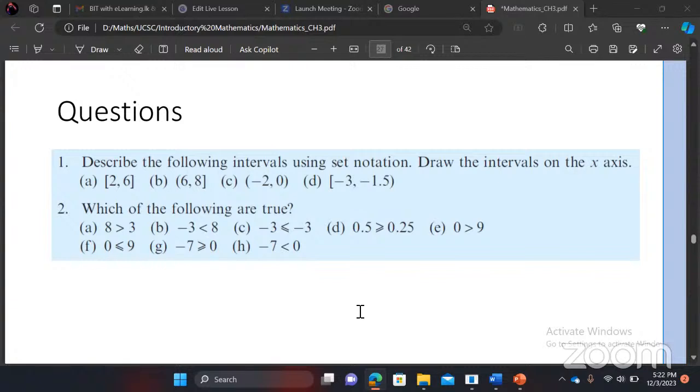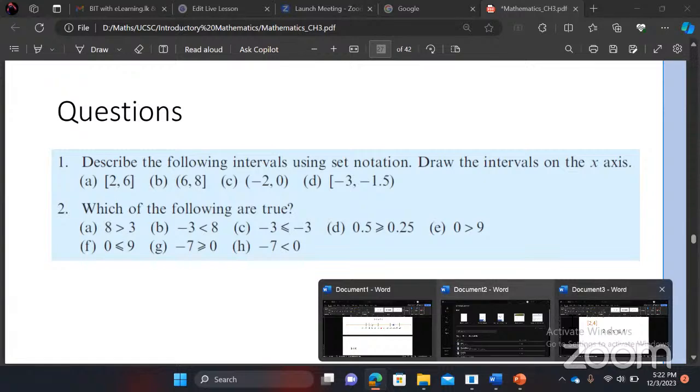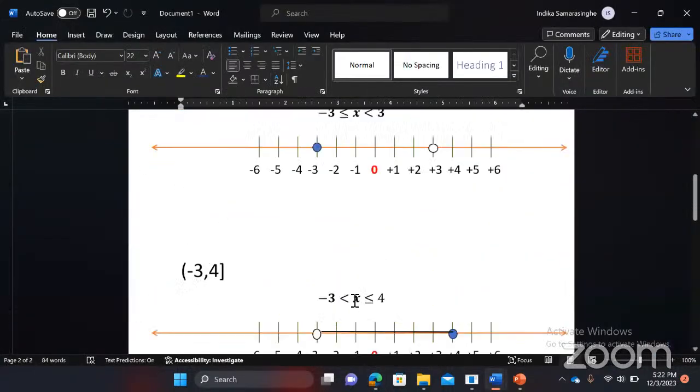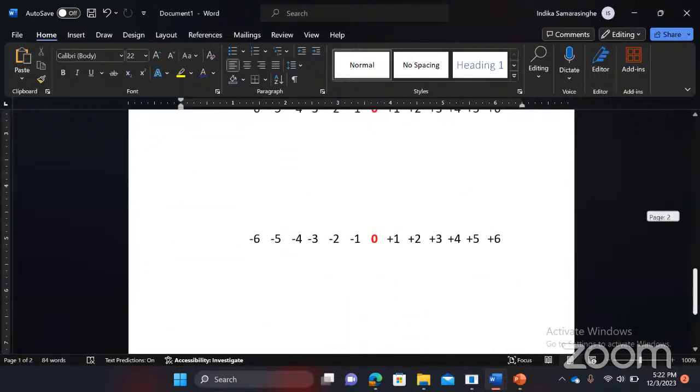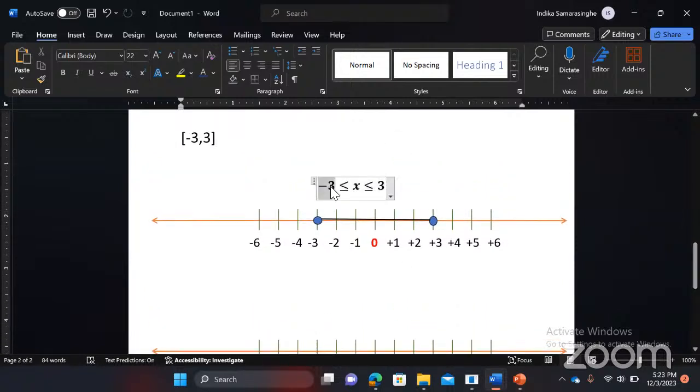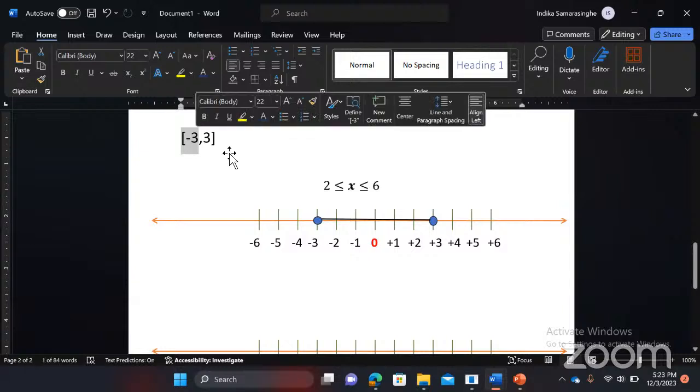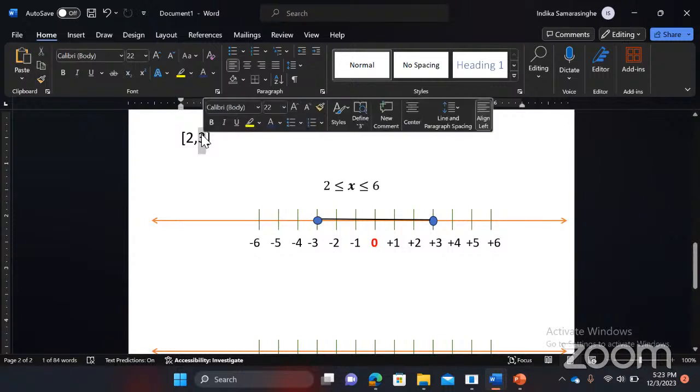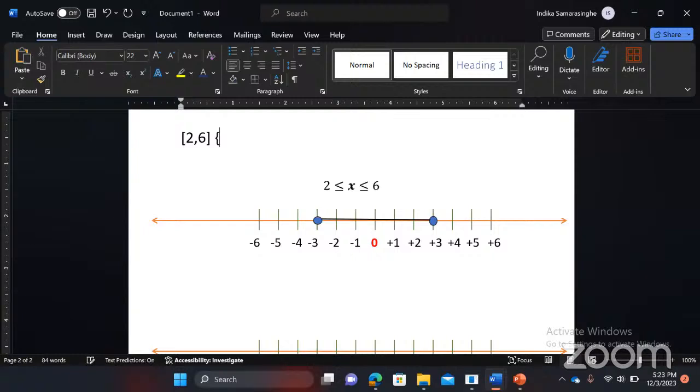Right. How do we write (2,6] as set notation?